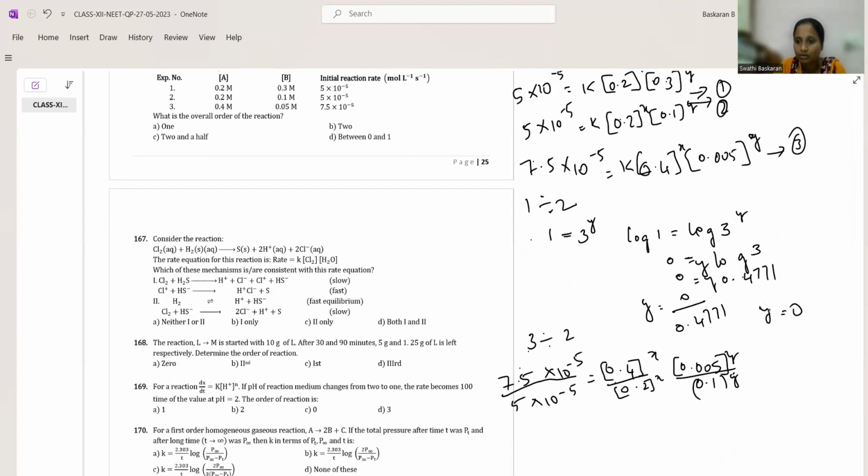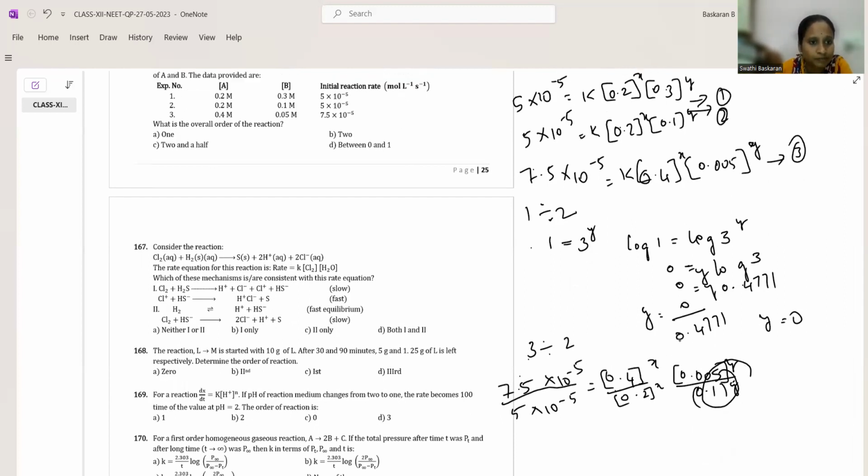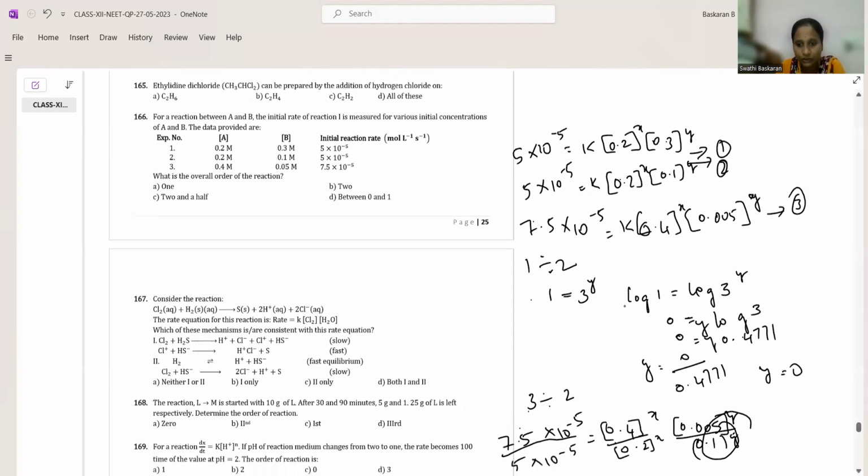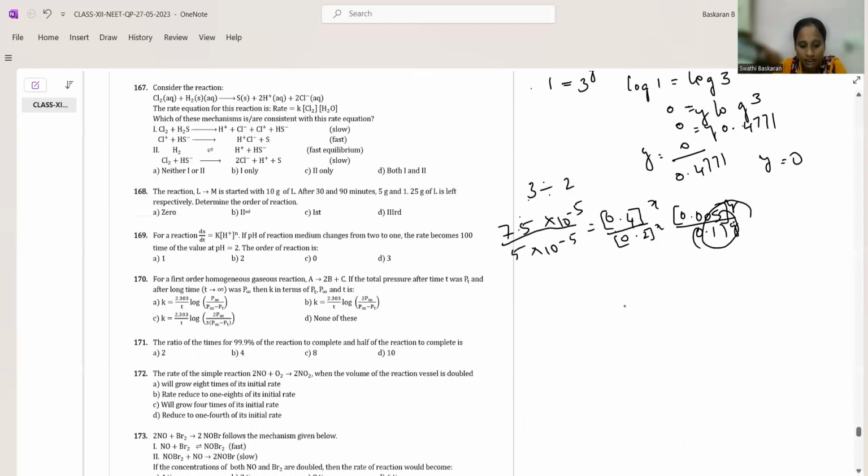Now you have calculated the y value to be 0. If you put y as 0 here, this entire term becomes 1. So what will you get? From equation 3, you get 1.5. How do you get 1.5?